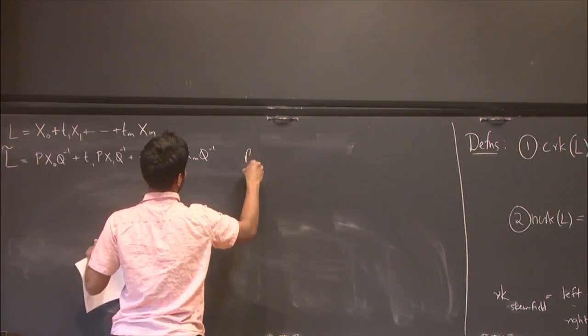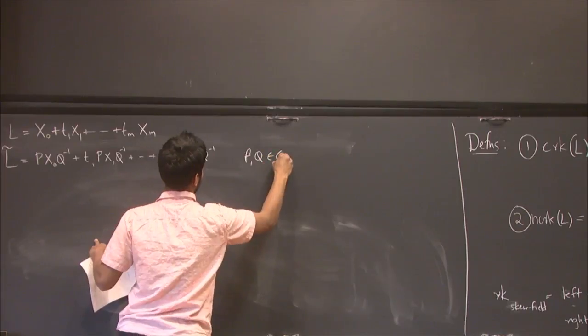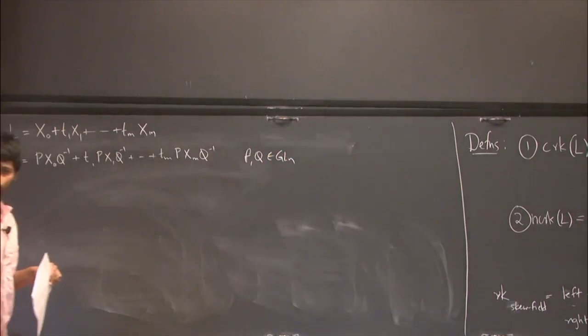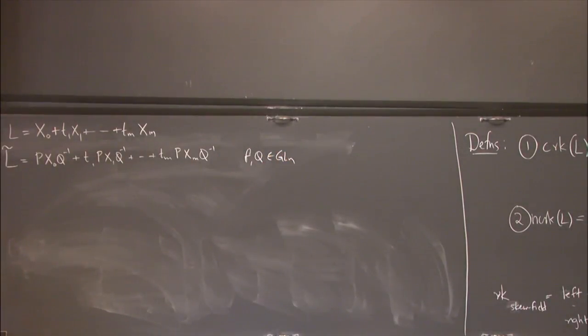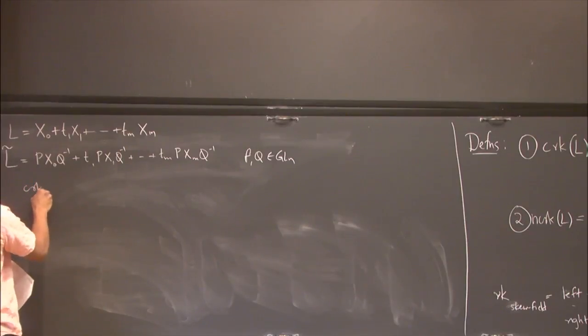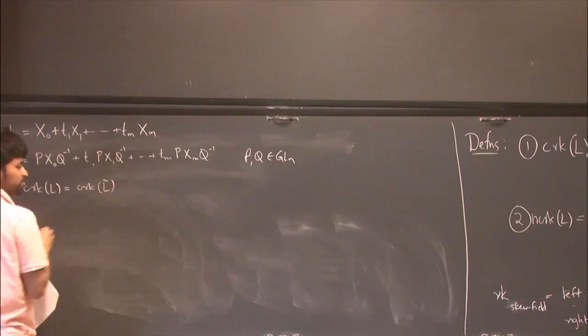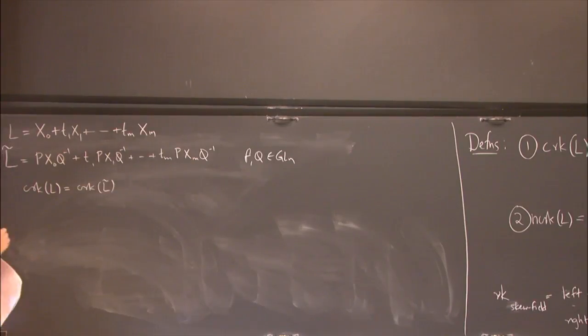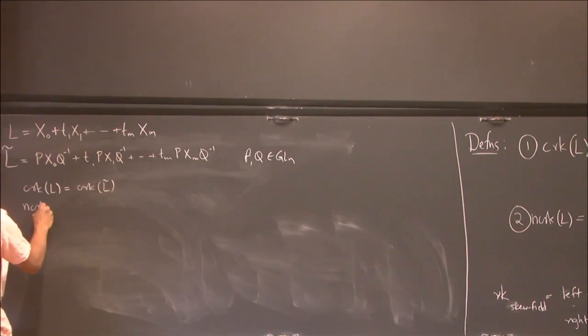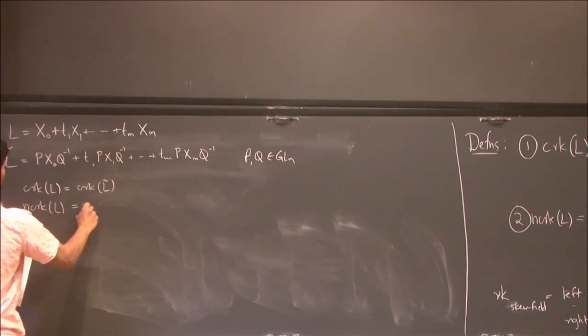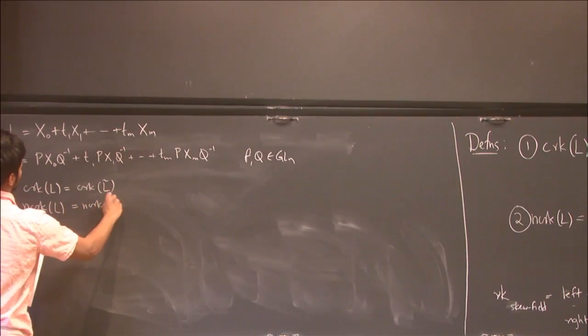Okay, so P and Q are in GLn, let's say. Then I claim the following is true: the commutative rank of L is the commutative rank of L tilde. I also claim the non-commutative rank of L is the non-commutative rank of L tilde.